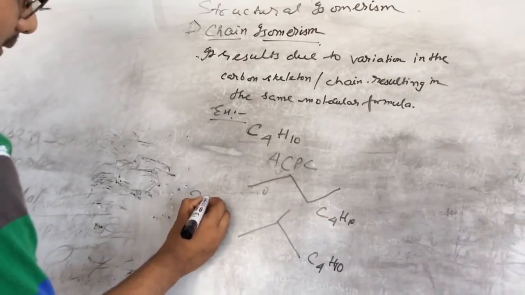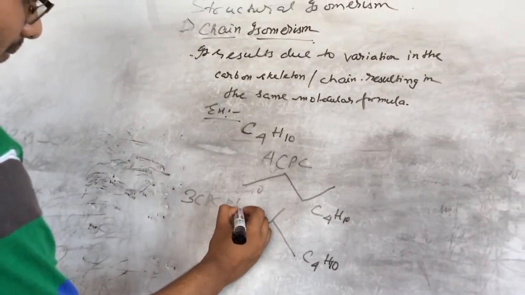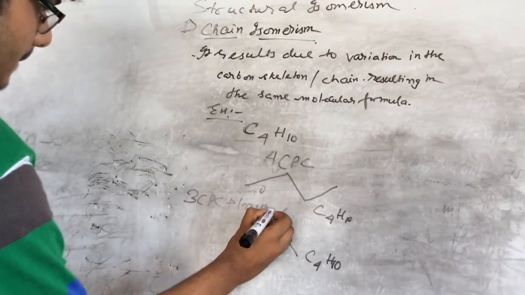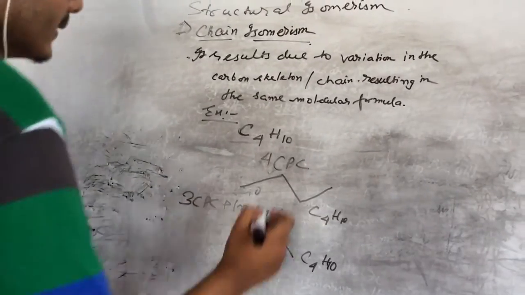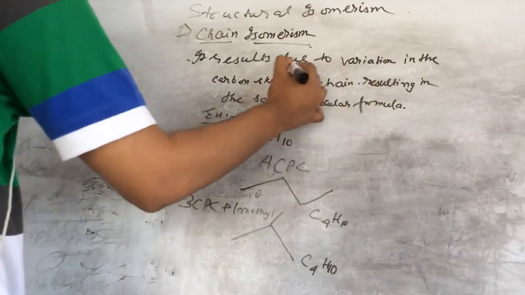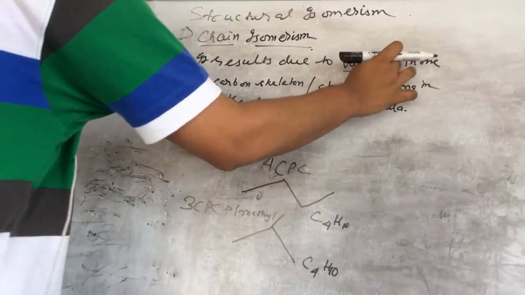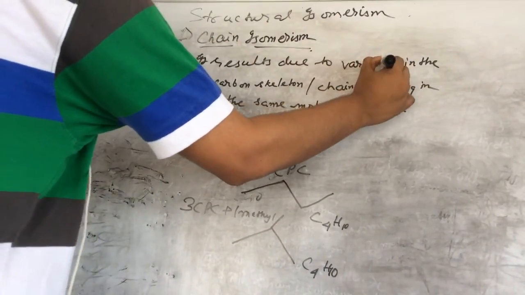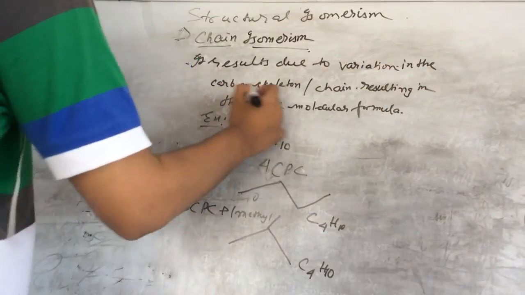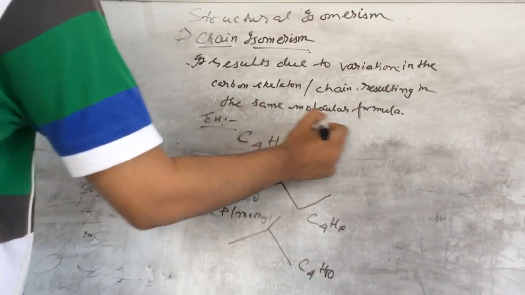So 3 CPC plus 1 methyl group. So as I said, it appears due to the variation in the carbon skeleton, but has the same molecular formula.